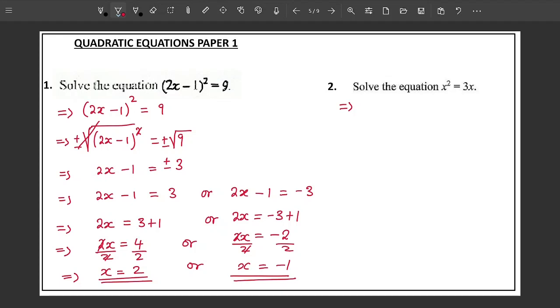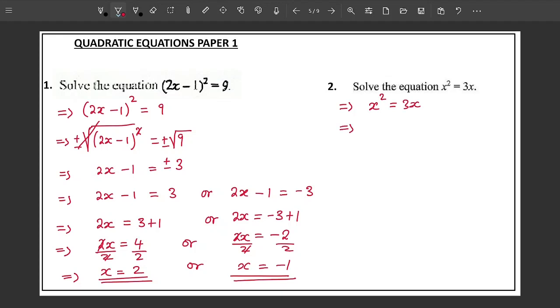When you are solving equations, you ensure that the unknown terms, the terms that you are looking for, are put on the left side of the equal sign. So like we have x to the power 2 is equal to 3x. These terms must be on the left side, so you collect them on the left side.